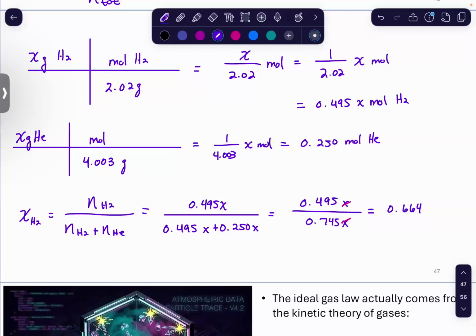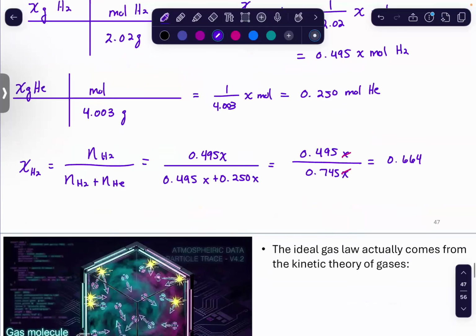That is the mole fraction. And mole fraction, keep in mind, has no units. So the mole fraction of hydrogen in this system of mixed gases is 0.664. So that means the system is about 66.4% hydrogen.